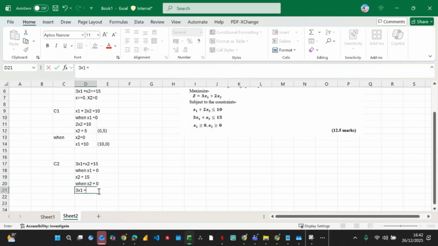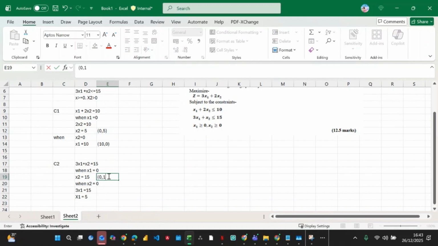So our x1 now is going to be equals to, we'll just do simple maths now, equals to 15, right? Divide both sides by 3. 15 divided by 3 should give us what? 5, right? Then our x1 is now 5.